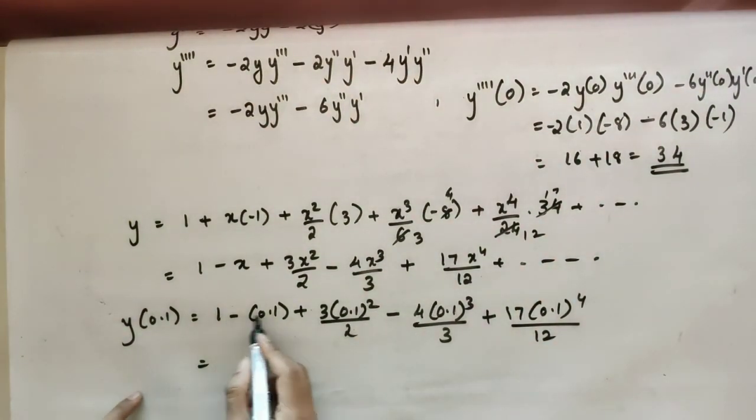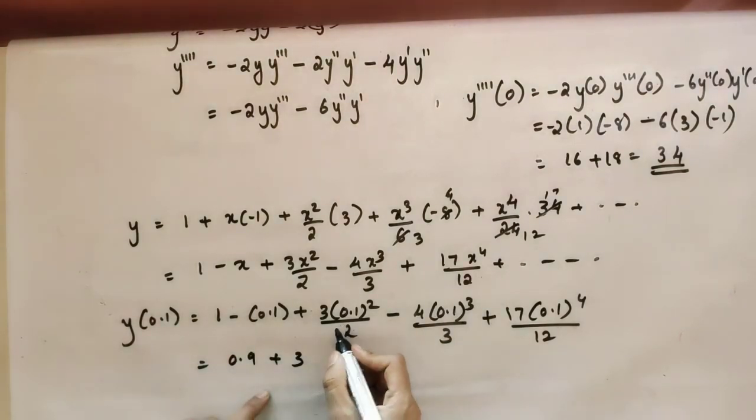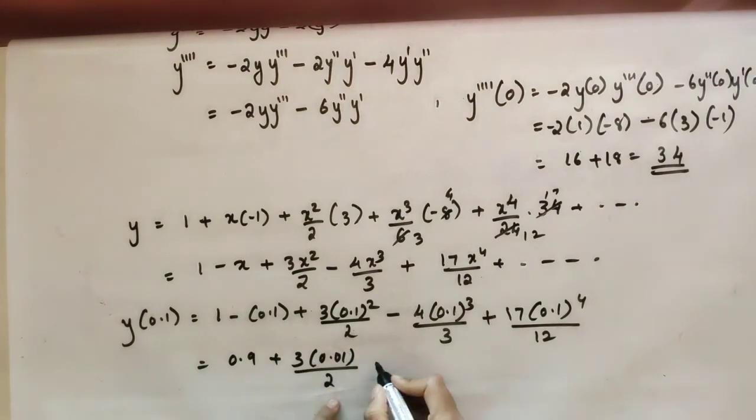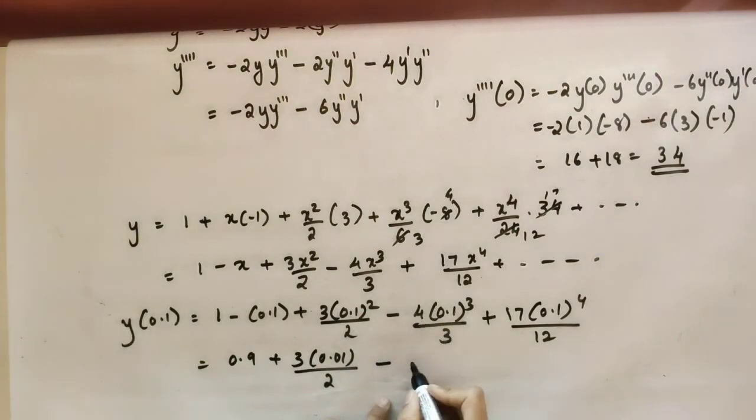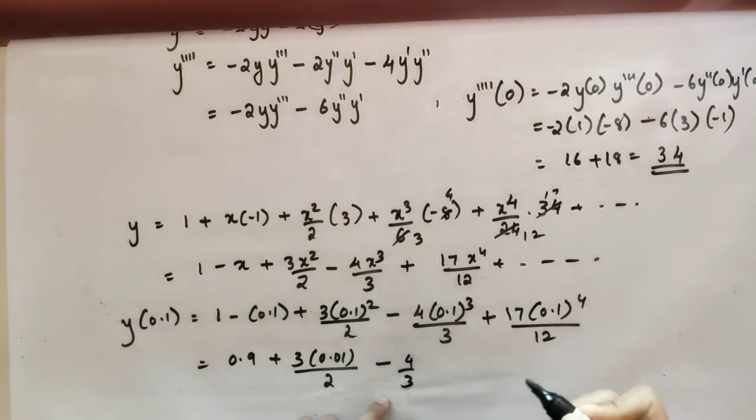It is 1 minus 0.1 is 0.9 plus 0.1 square is 0.01 divided by 2. So 3 by 2 also can be written as 1.5, you can do that, minus, even this fraction can be simplified, 4 by 3, it should be something like 1.3333 you will get.